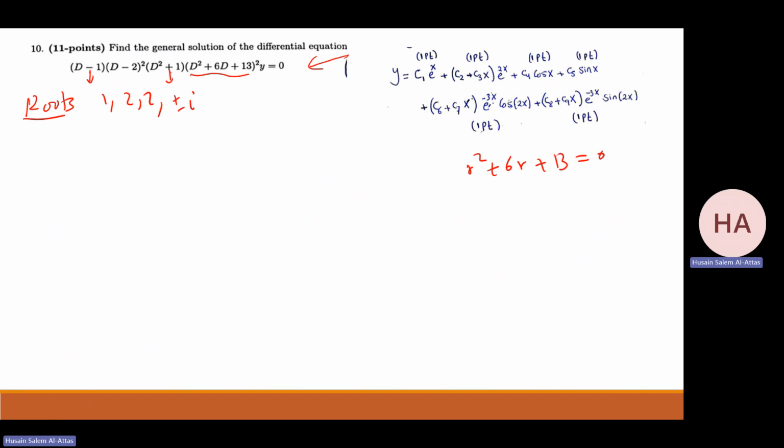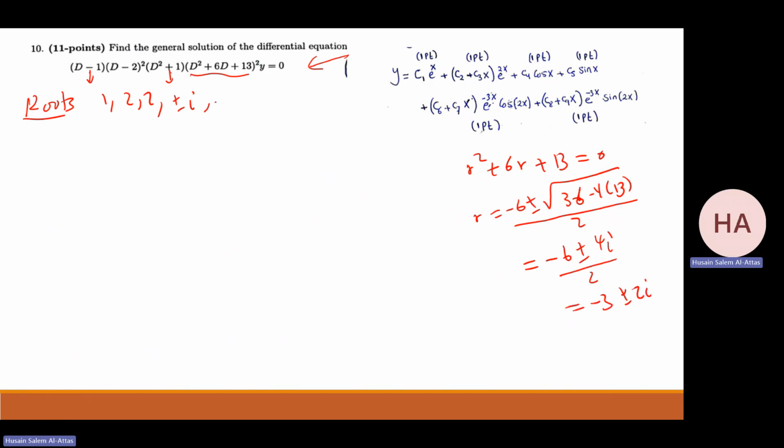So r will be minus 6 plus or minus the square root of 36 minus 4 times 13, over 2. We did it before. This is minus 16, so it will be plus or minus 4i over 2. That is minus 3 plus or minus 2i. So I have minus 3 plus or minus 2i repeated 2 times because of the square.